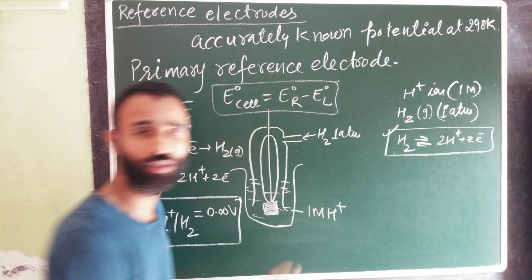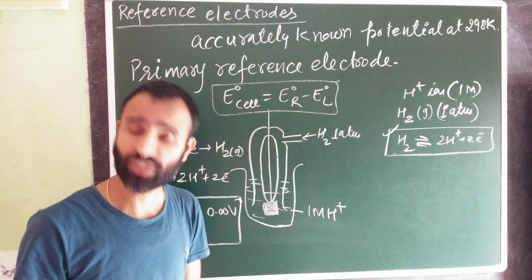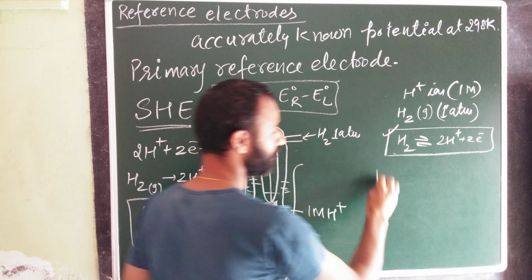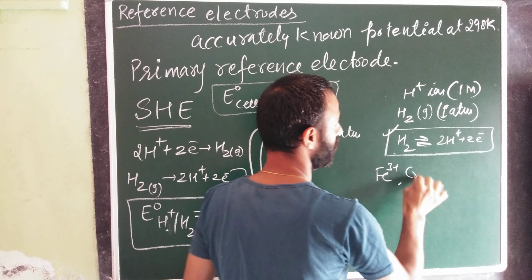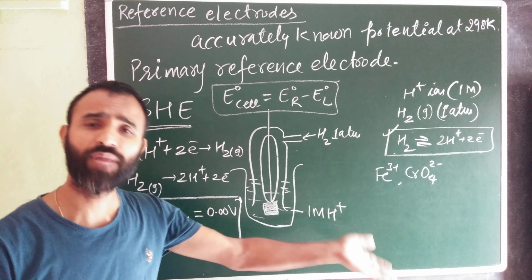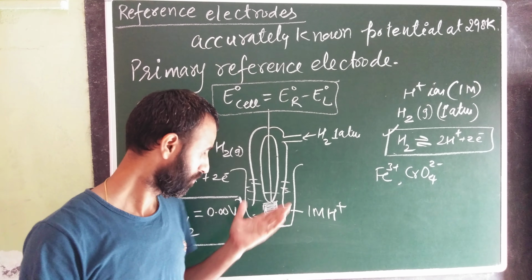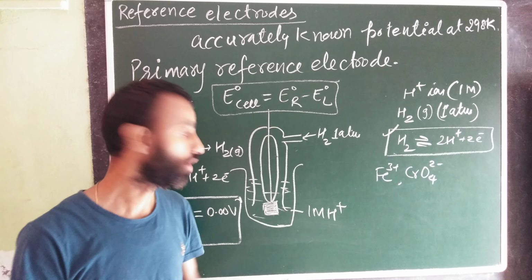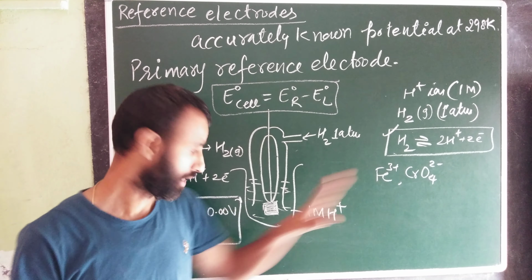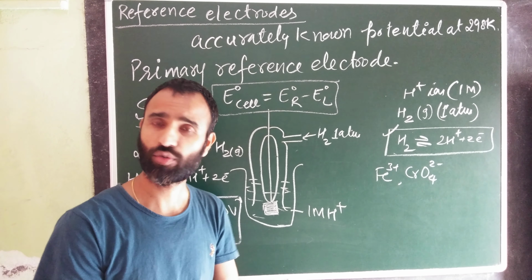It disturbs the equilibrium. Okay, and at the same time, if there are reducible ions like Fe3 plus, even CrO4 2 negative, or nickel, cadmium, copper, it is very difficult to use it because these reducible ions are reduced on its surface and therefore it cannot be used.